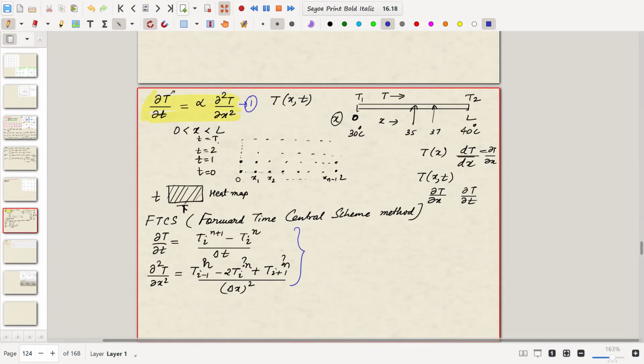So what should we write? T(i) at n plus 1 minus T(i) at n, divided by delta t, equals alpha times T(i minus 1) at n minus 2 T(i) at n plus T(i plus 1) at n, divided by delta x squared, right?